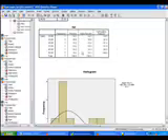Let's see what we get here. The result is that we had 7 observations, the ages of the students in this class. The mean is 32.7 years, the median is 28, and the mode is 25.